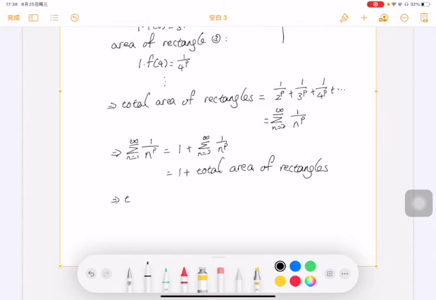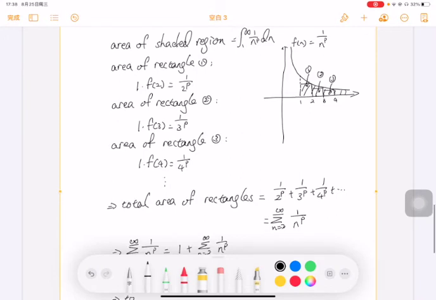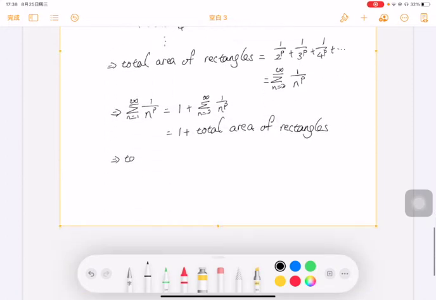Since in this diagram we removed the first rectangle and fit all the remaining rectangles underneath the curve, we get that the total area of these rectangles is actually smaller than the area of the shaded region. So total area of rectangles is smaller than area of shaded region.